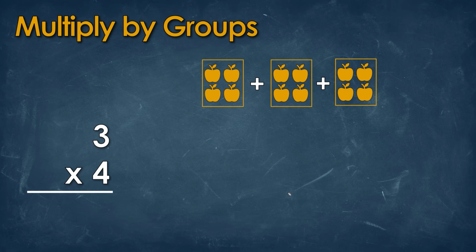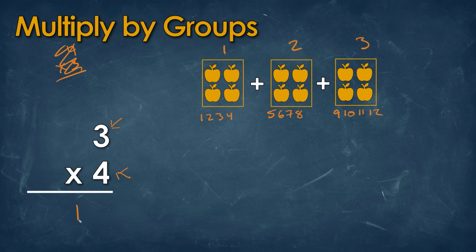Now let's try this one. Okay, we have now 3 groups with 4 apples. Now that's different from what we saw earlier, right? We had 4 times 3 in our last example. But we're not doing that, because now we have 1, 2, 3 groups with 1, 2, 3, 4 apples in each group. So let's add that all together. We have 1, 2, 3, 4, 5, 6, 7, 8, 9, 10, 11, 12.